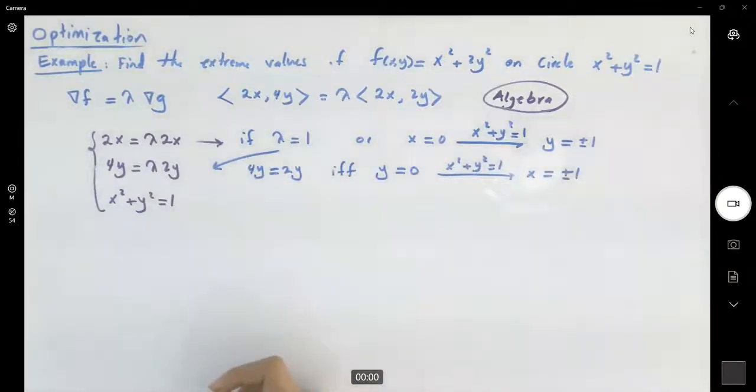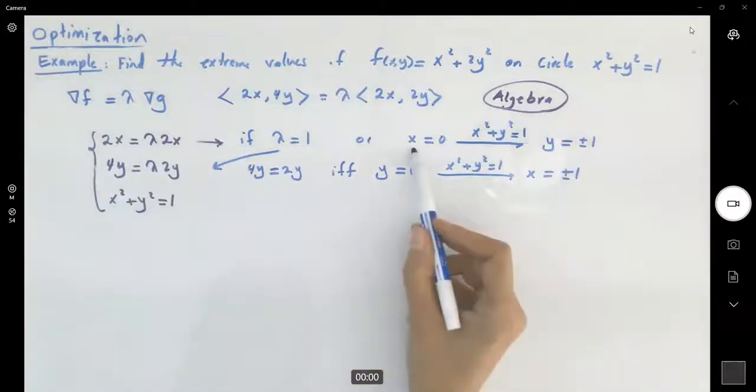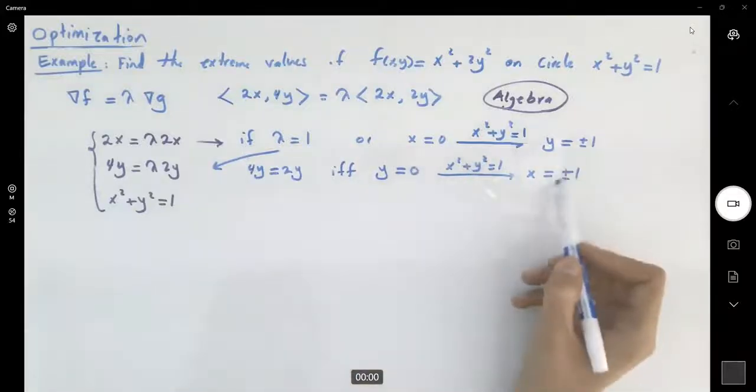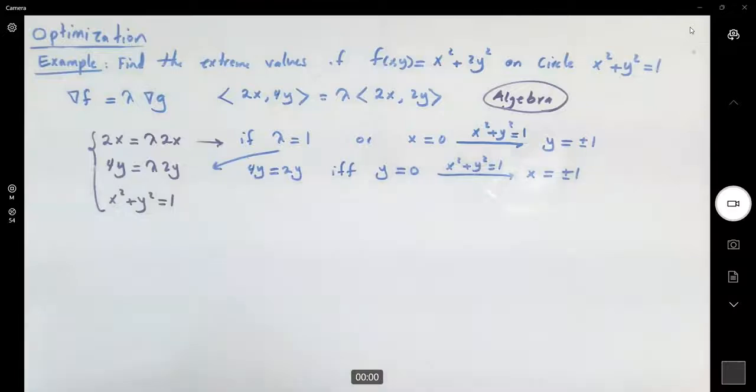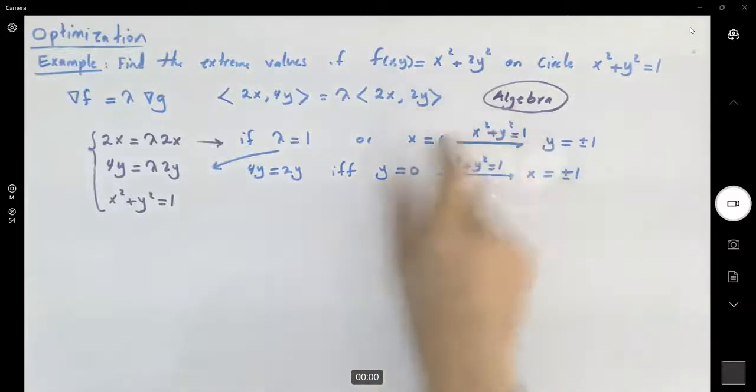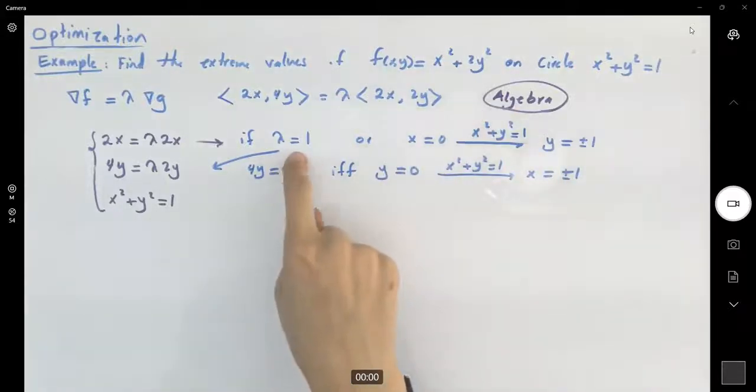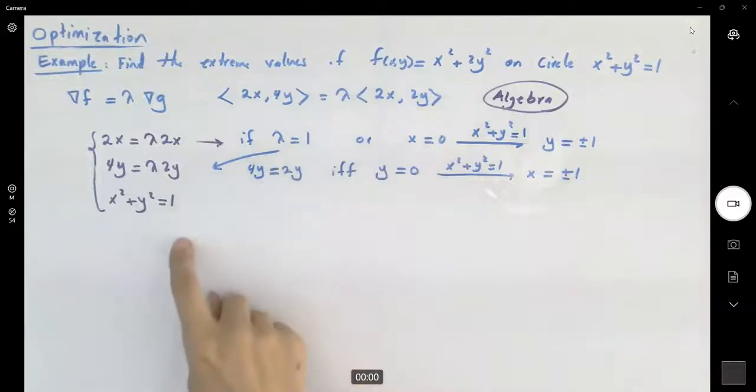Very good. So we have x equal to 0 with y plus or minus 1, and y equal to 0 with x plus or minus 1. So it means that we have extreme values by playing around with lambda and x, using the constraint.